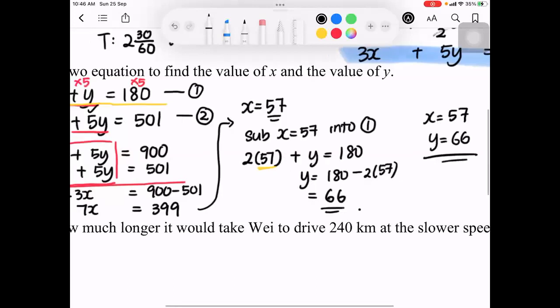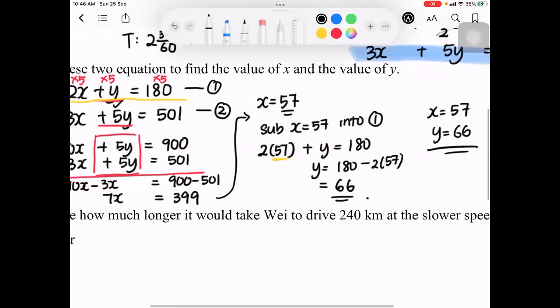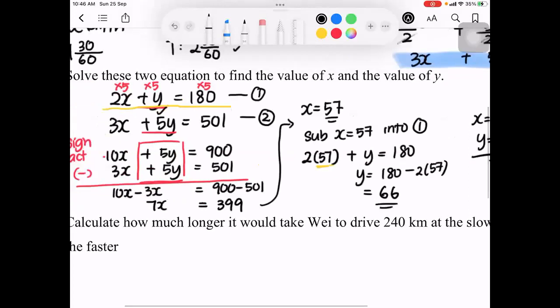Anyone don't understand which part you need me to explain again? Is it okay? So how do you get 2x plus y, like from the start? Oh, I substitute the x, right? The x is 57, right? I put inside this equation, equation number 1, the first one. So 2 times the x, now changed to 57.